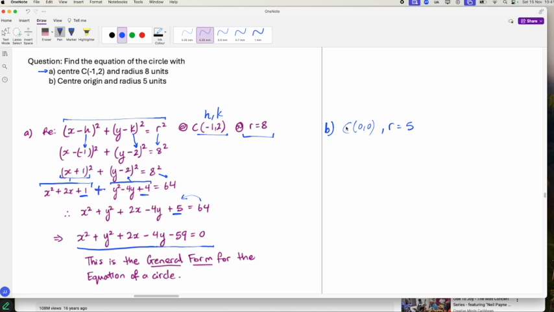So similarly, I could jump straight to x squared plus y squared is equal to r squared, which is 5 squared. Therefore, the equation implies x squared plus y squared equals 25. Now, this is something fun to plug into GeoGebra.